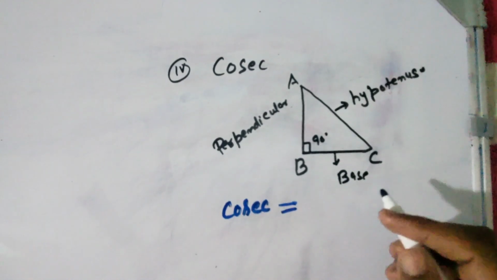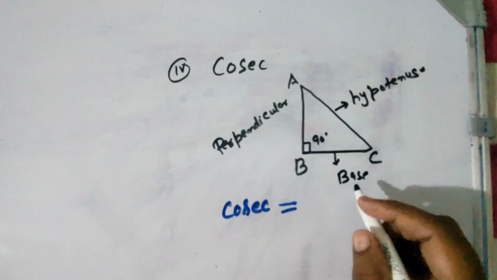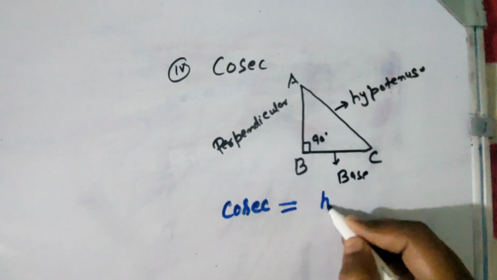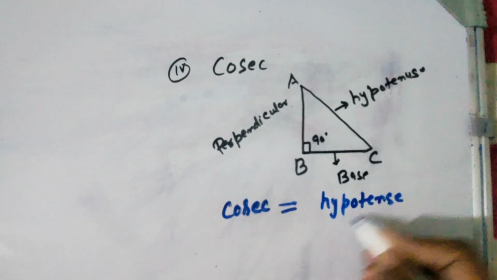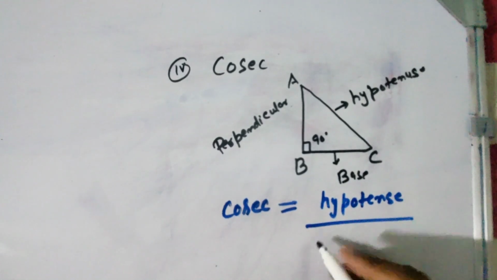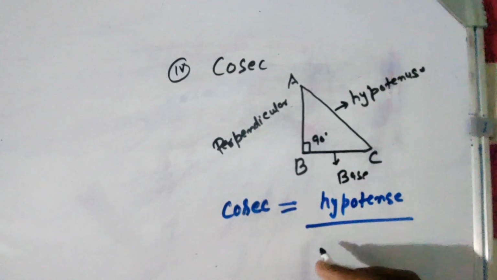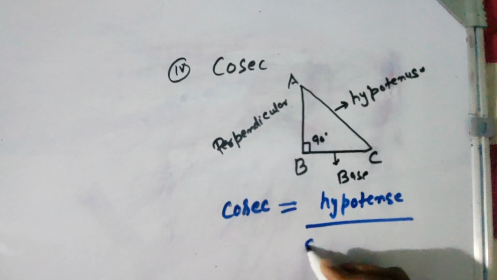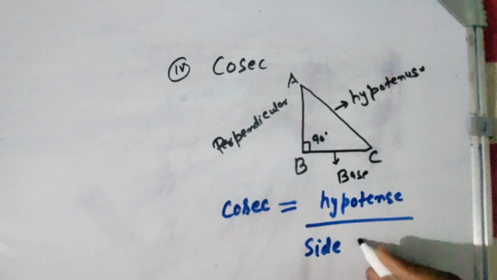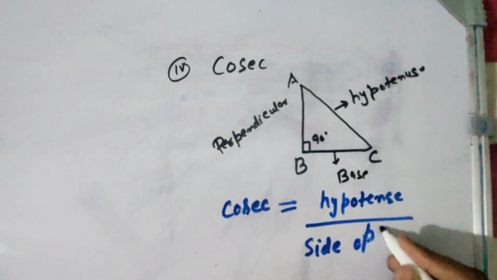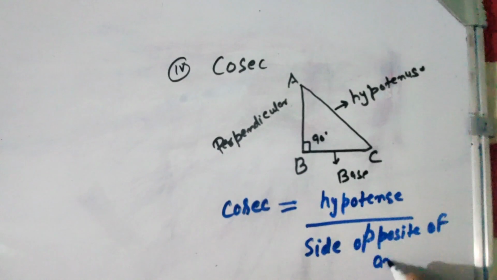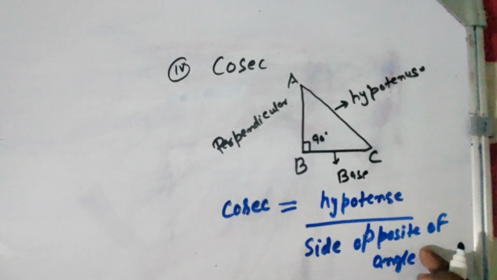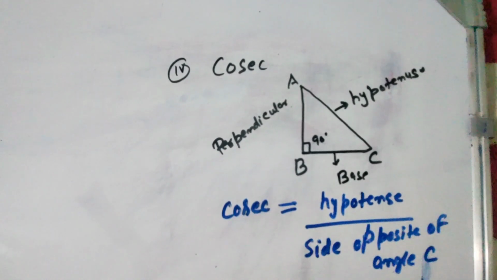Then here the cosec formula is hypotenuse over the side opposite of angle C. Hypotenuse is what? AC.